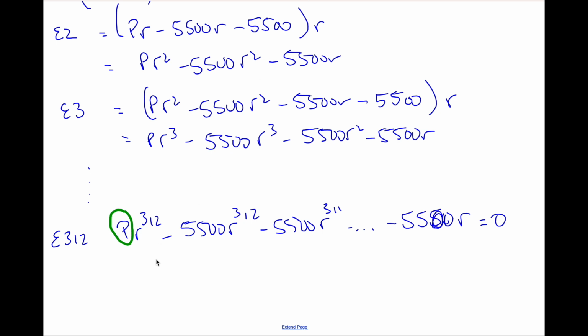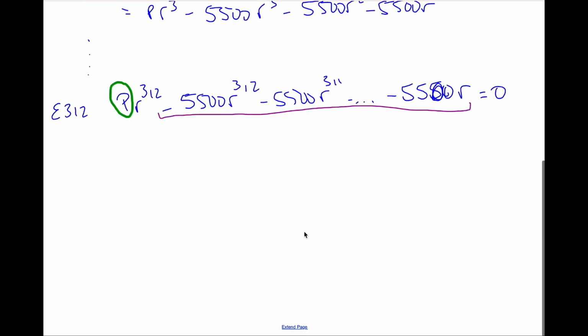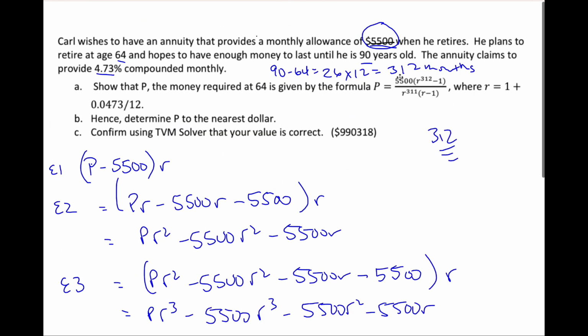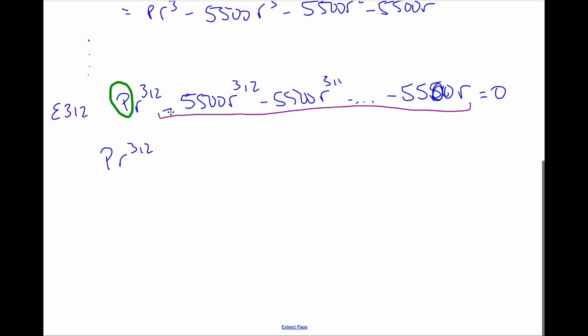So if I'm going to solve for P here, I'm going to bring all of these terms over to the one side. And so I'm going to need to actually look at this sum here. If I consider that sum, I could say this is PR to the 312, and I'm trying to get this to be true. And I'm going to pull out a negative.